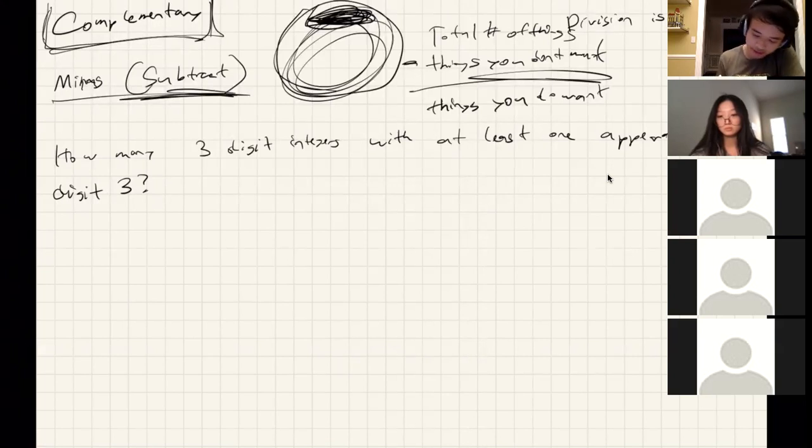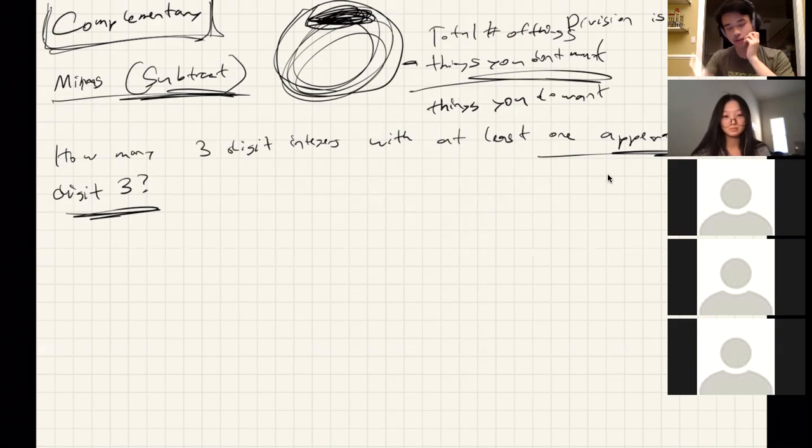An example of this: how many 3-digit integers have at least one appearance of the digit 3? What's the total you're dealing with?